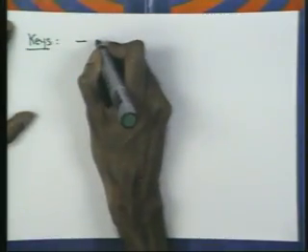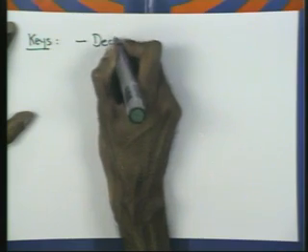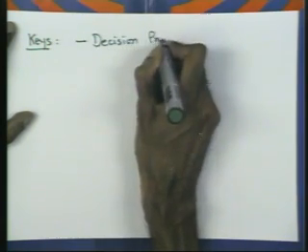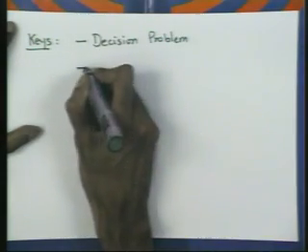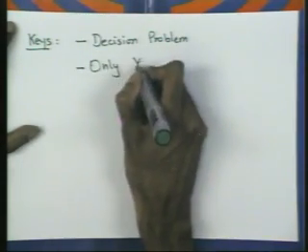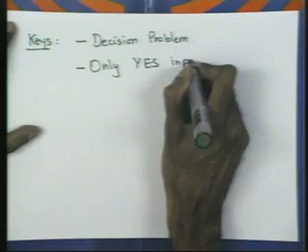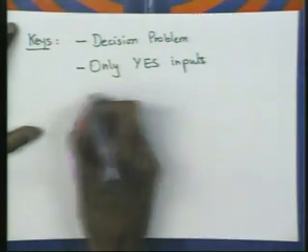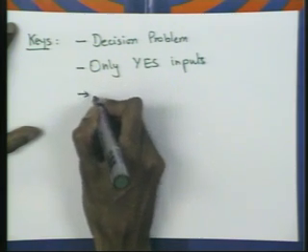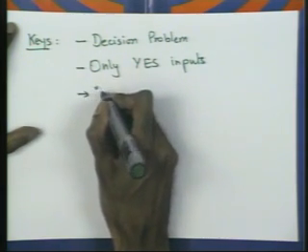So let me highlight the main points in the definition, and then we will go over this again. First, it has to be a decision problem, so the answer has to be yes or no. We look at only yes inputs, and on yes inputs, supply a proof.